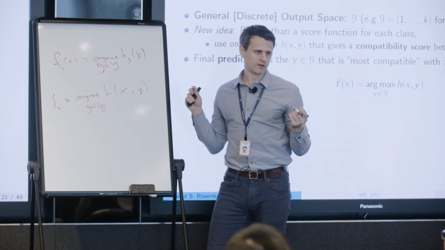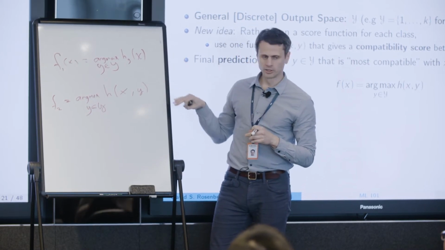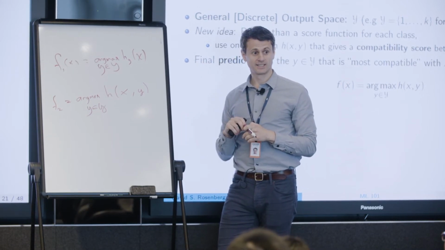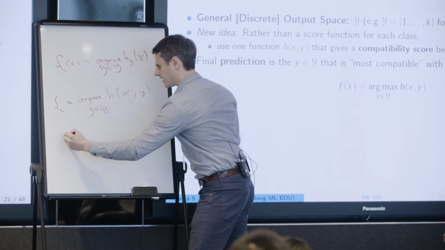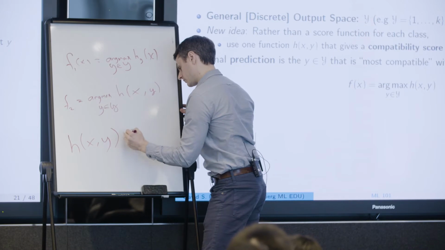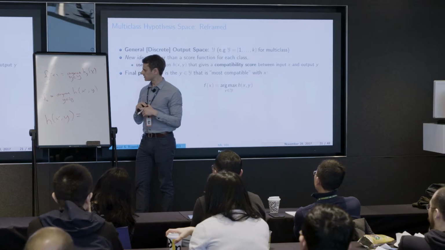Now we just have to have a score function for every y in the output space. So what do we do? How can I set h of x, y to make these equivalent? Put another weight. W, h, y, x. Not necessary.